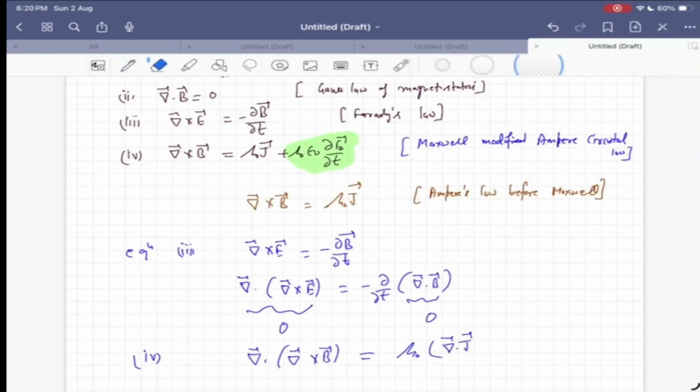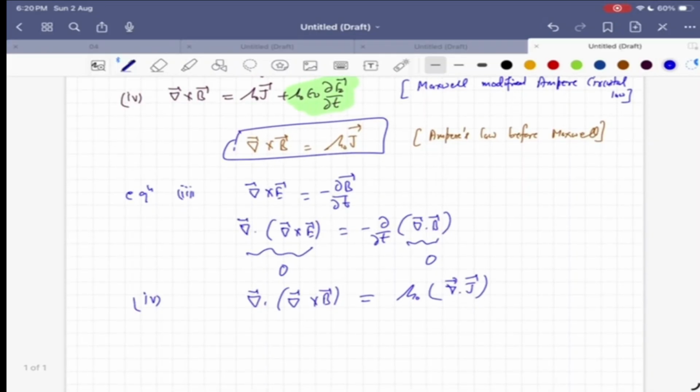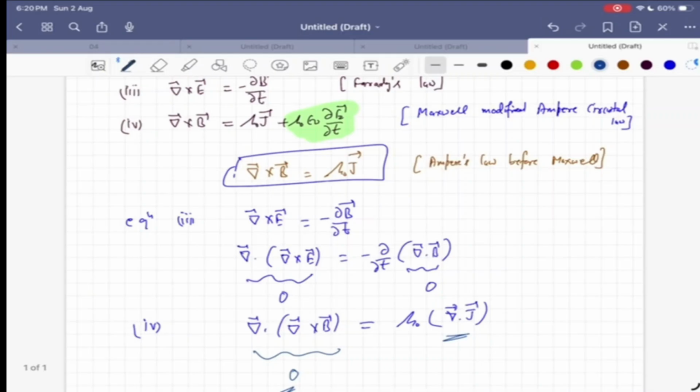Remember, del cross B is equal to mu naught J was the only form known to the world before Maxwell's contribution. If we take the divergence of both sides of this law, the left hand side should read 0 because of the divergence of a curl, but the right hand side is not necessarily 0, because we know from the equation of continuity, rho dot plus del dot J is 0, and del dot J is minus del rho by del T, right?